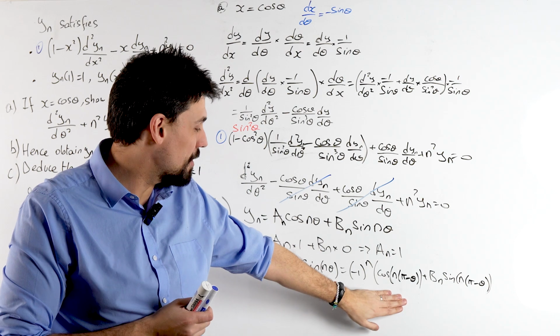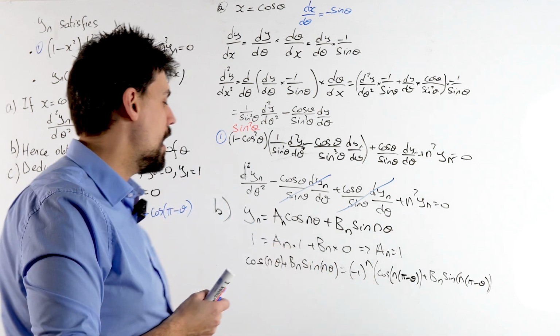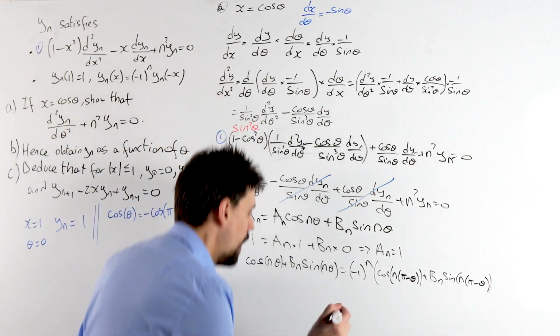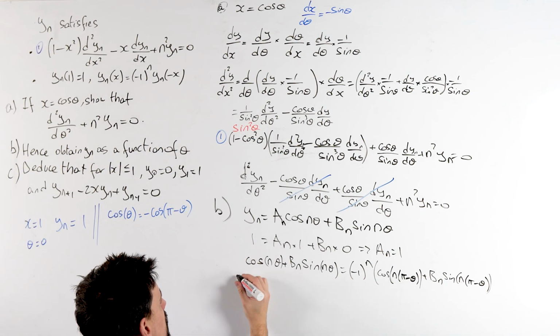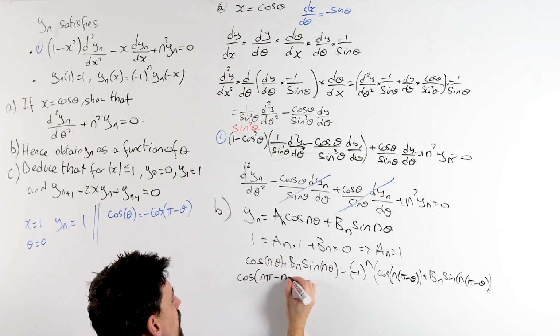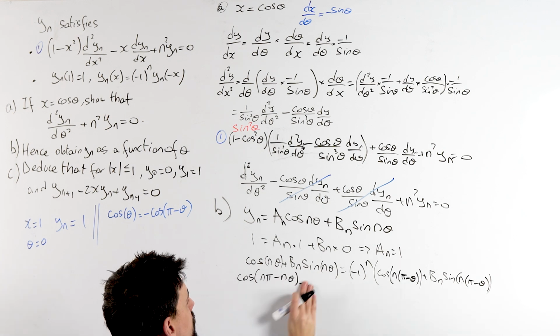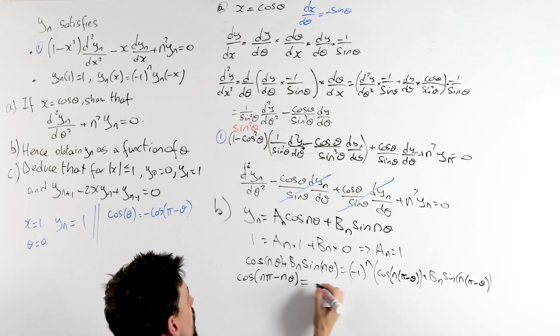Now, I do need to know something about what's going on in here. What is cos of n(π minus θ)? Well, let's expand it out. I'm very much on a slant down here, but there we go.